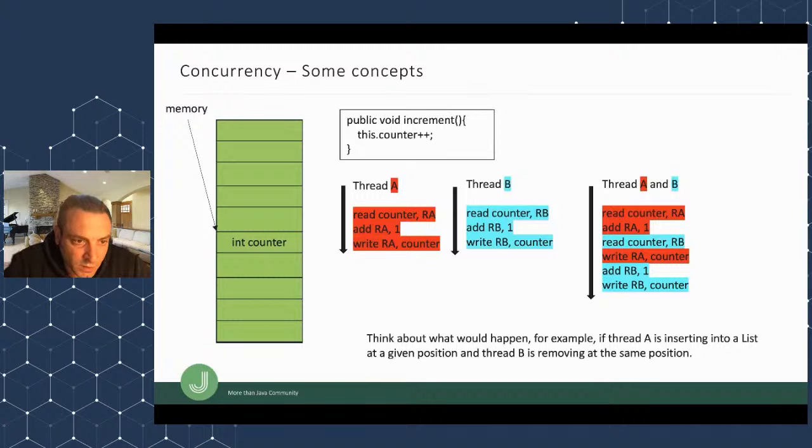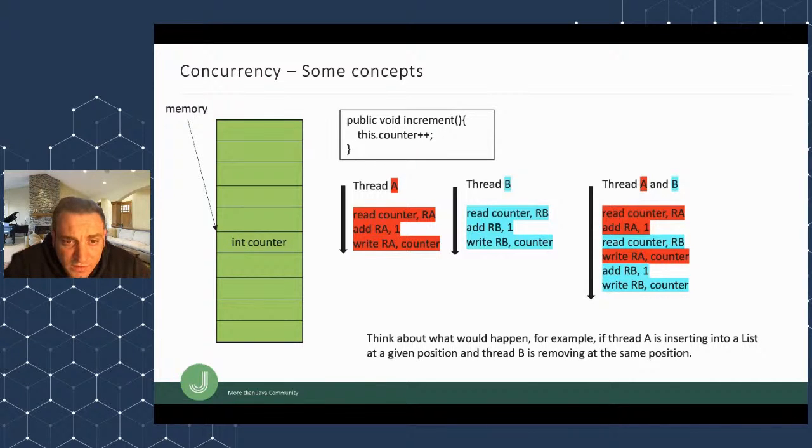Let's assume, as an example, that we have a counter variable, an integer counter, that we would like to increment in a multi-threaded program. So we would have two threads, thread A and thread B, that increment this counter.